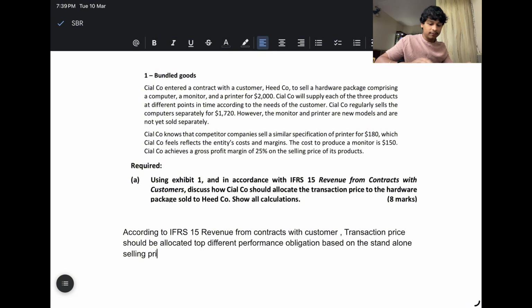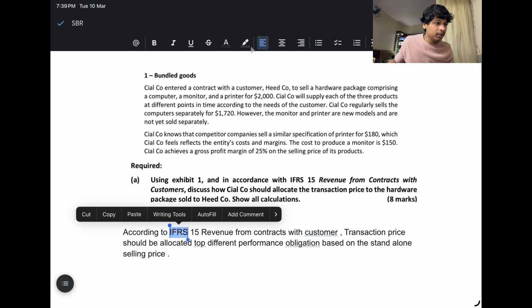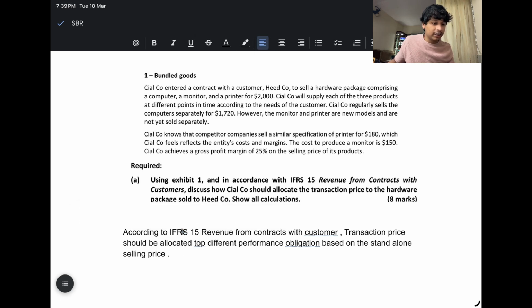So this is the first step that I have done, that we have identified the scenario. I have identified the standard, then I have identified what should be the correct treatment of the transaction price and how it should be allocated.